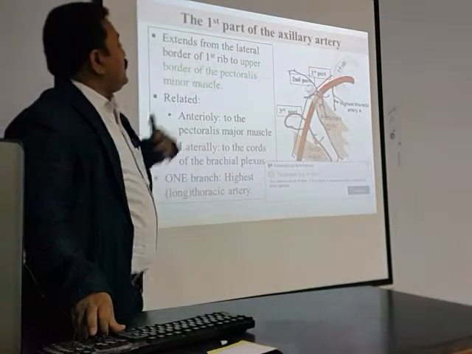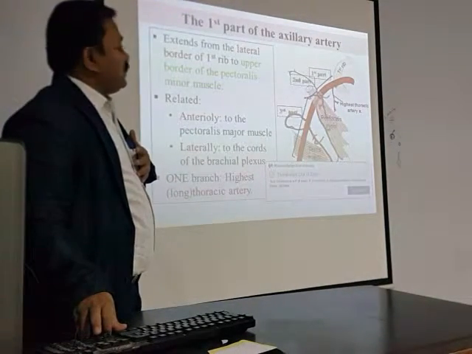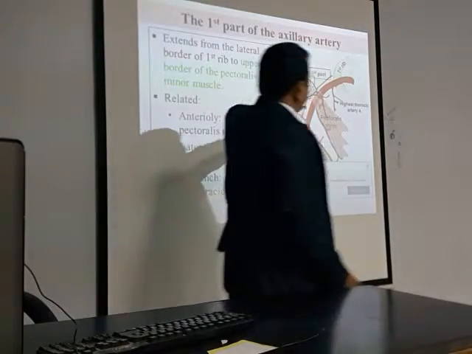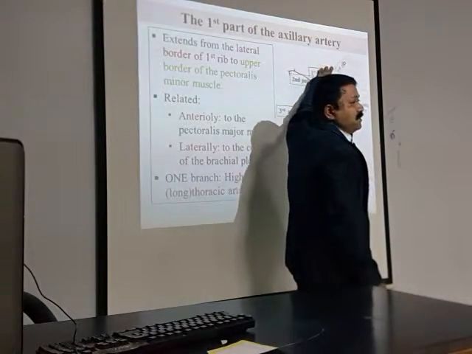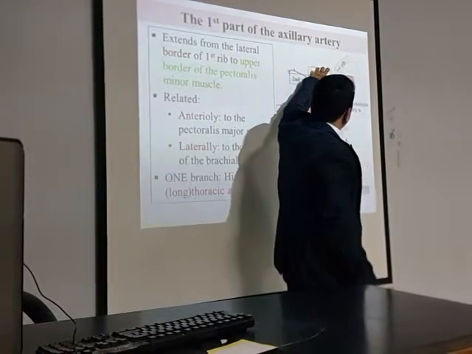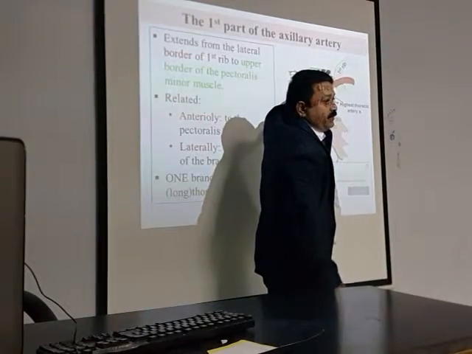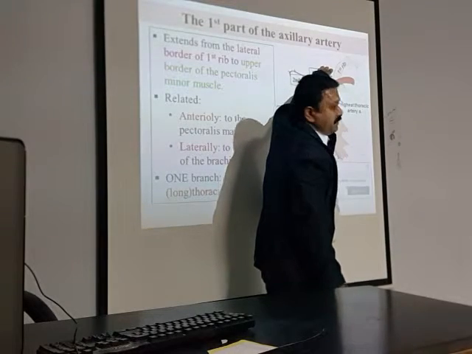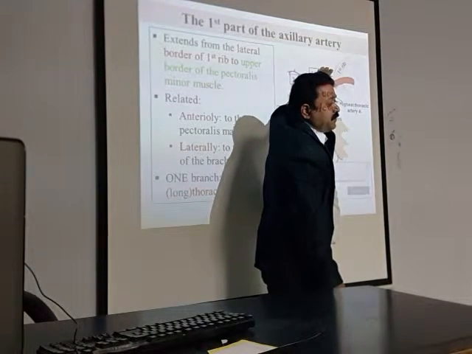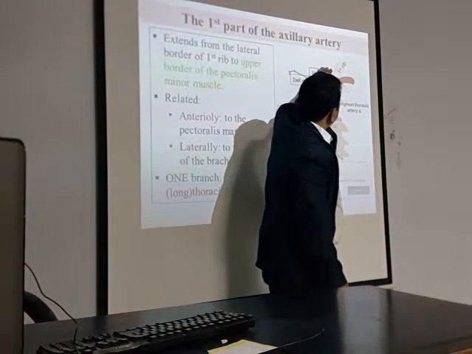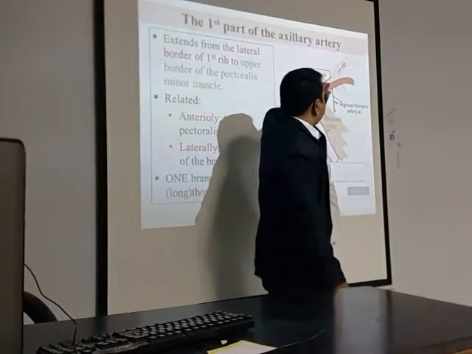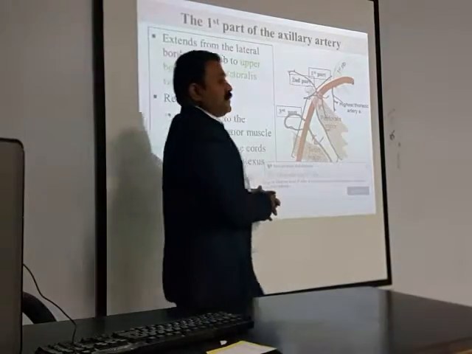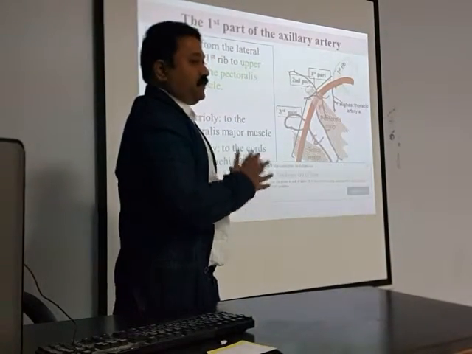So, the first part of the axillary artery. What is its extent? From the outer border of the first rib to the upper border of the pectoralis minor muscle. This is the first part of the axillary artery, which gives rise to one branch here, that is the highest thoracic artery, or long thoracic artery.